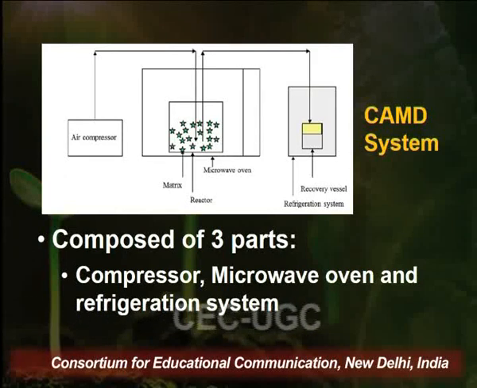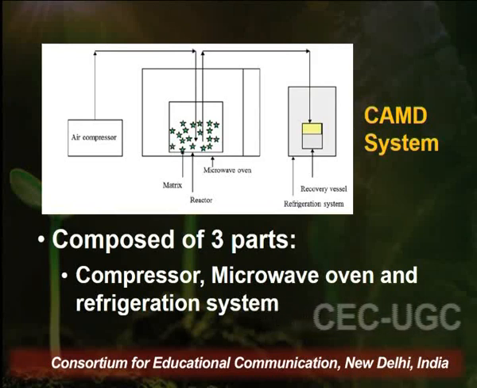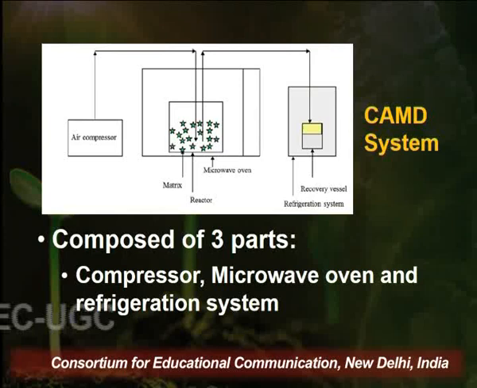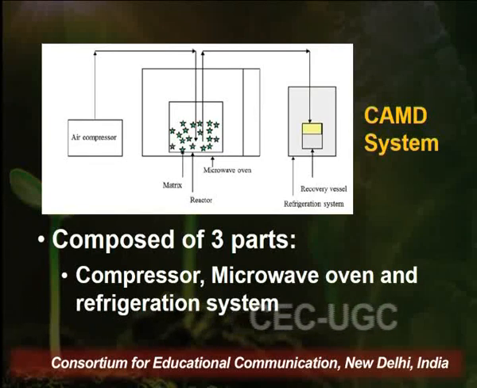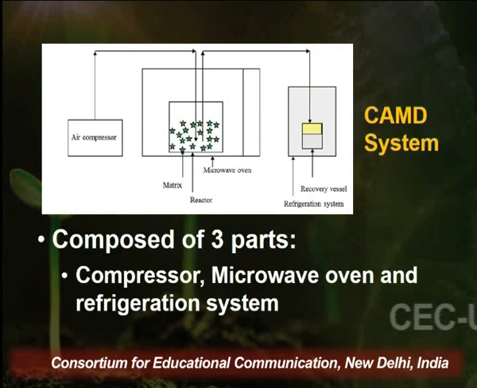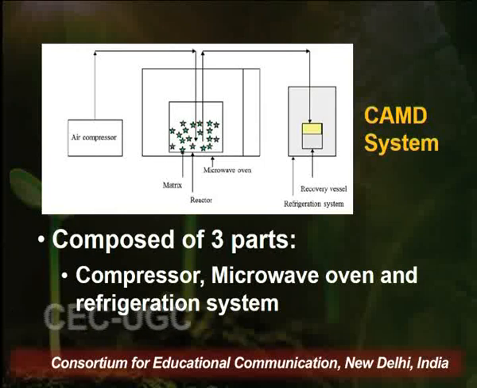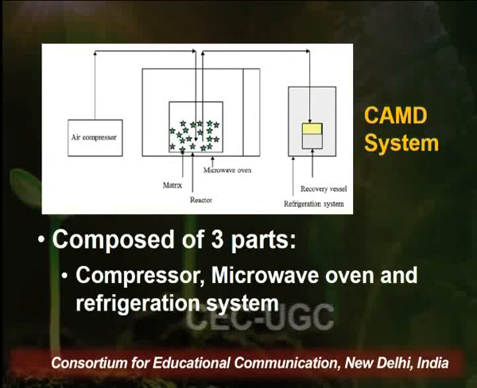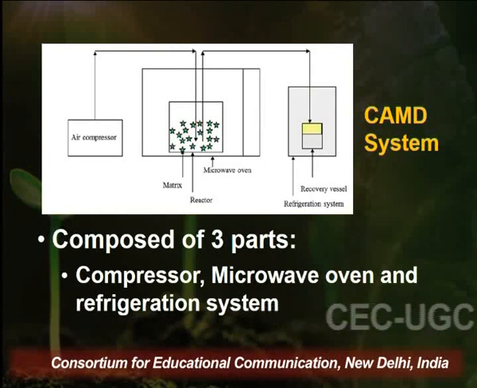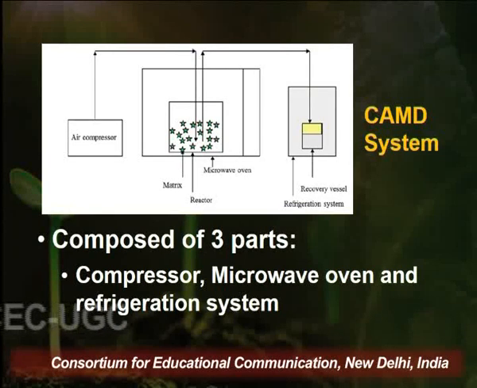So with the help of an air compressor, the air is pumped into the extraction vessel which has the plant matrix, and the sample is irradiated with the microwaves, thereby releasing the volatile constituents. And these volatile constituents, because compressed air is there, will move towards the low pressure zone, so they will move towards the refrigerant system where they are condensed.